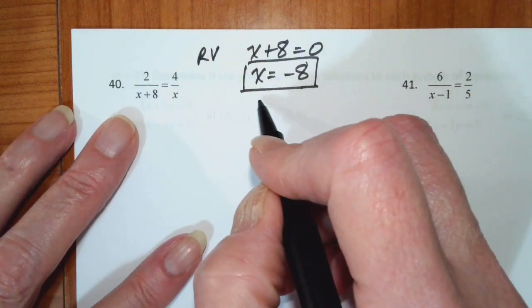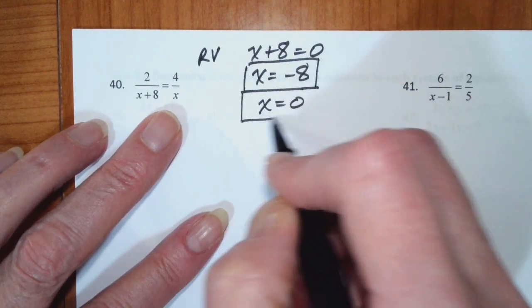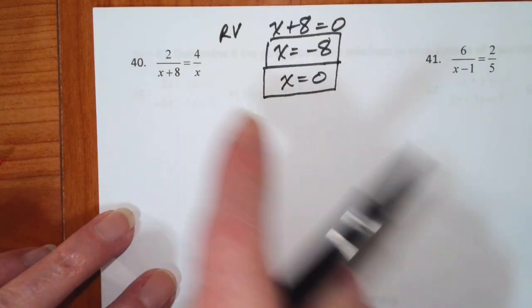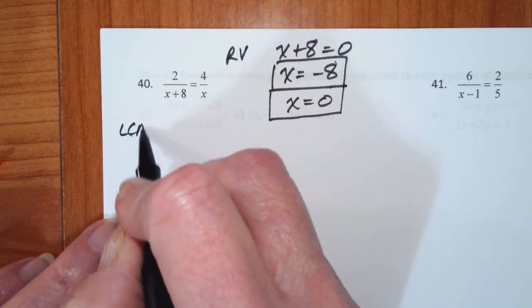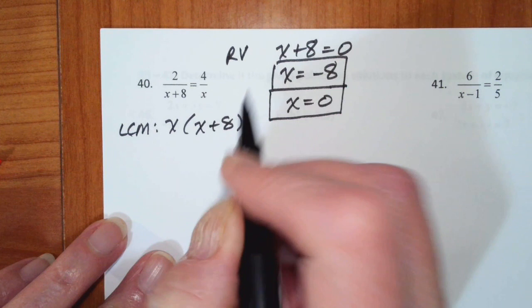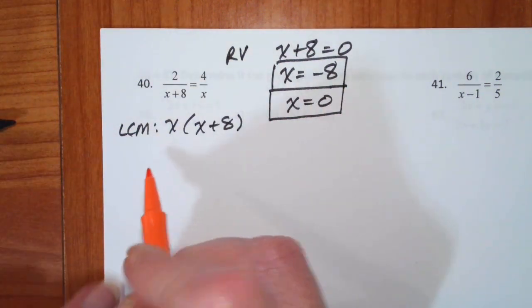And also, for here, if x equals 0, so I have two restricted values on this. My LCM, I'm hopeful we can tell at this point, has to have a factor of x and a factor of x plus 8. So this is what I multiply both sides of the equation by.